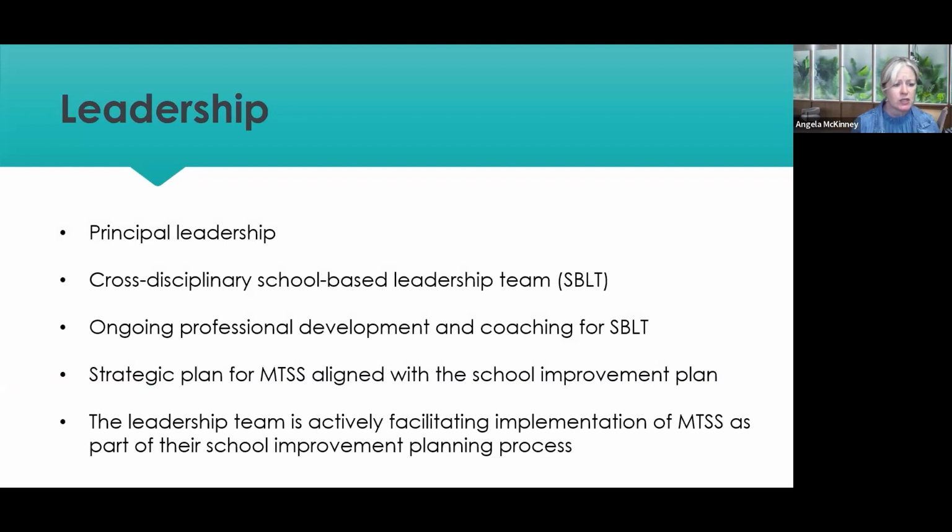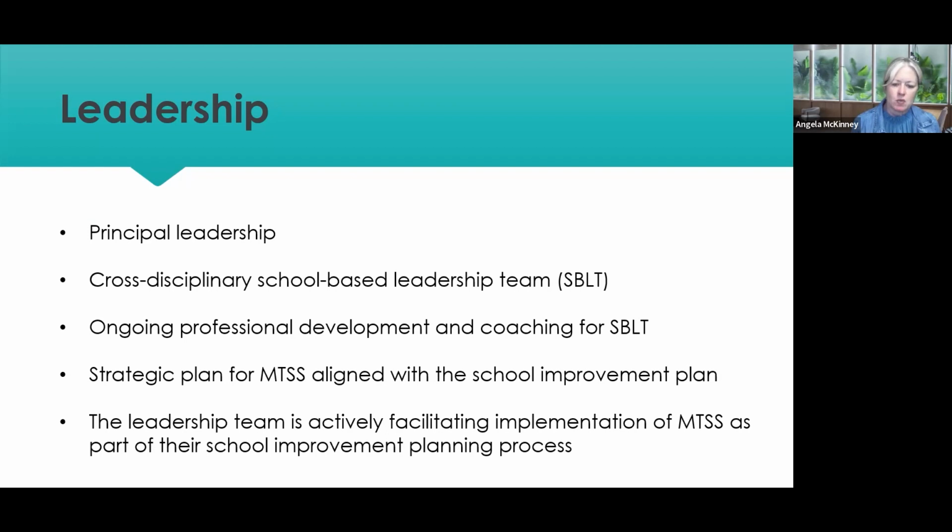So starting with principal leadership, creating those structures at the building level, the leadership team related to MTSS. Now, I want to differentiate this a little bit from your problem-solving team for MTSS. This may not be the same group of people. This is more likely to be a school improvement team, another leadership kind of team.